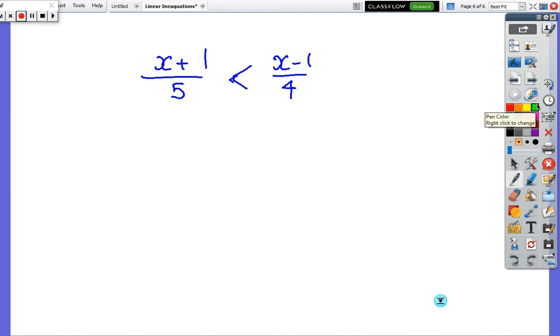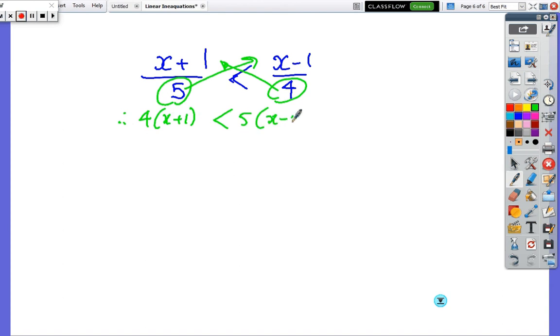Okay, so let's go. We do our cross multiply, and 4 bracket x plus 1 is less than 5 bracket x minus 1. You can go straight to 4x plus 4 is less than 5x minus 5.